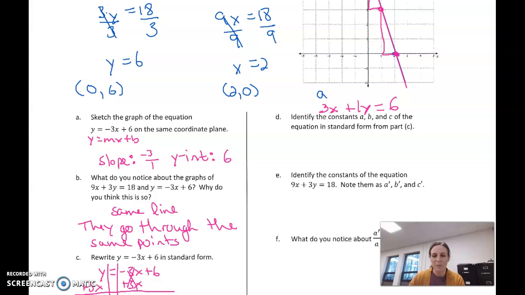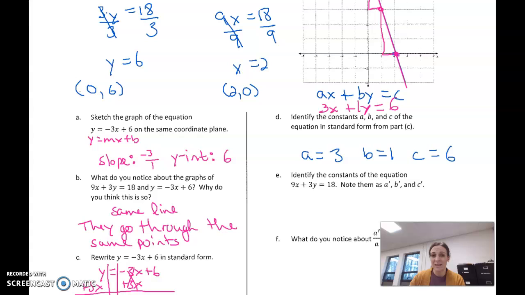So remember, standard form is ax plus by equals c. So the constants a, b, and c, well, a is 3, b is 1, and c, oops, sorry, I'm sure you probably caught that, c is 6.